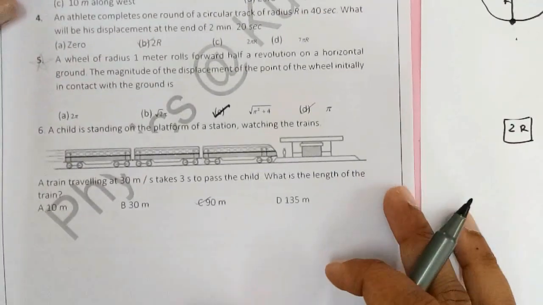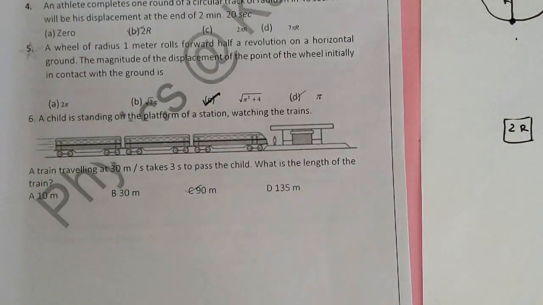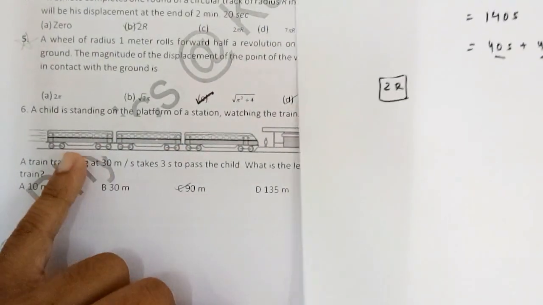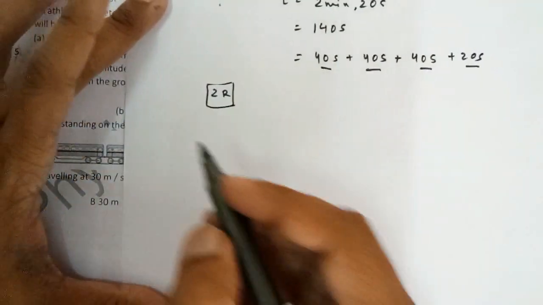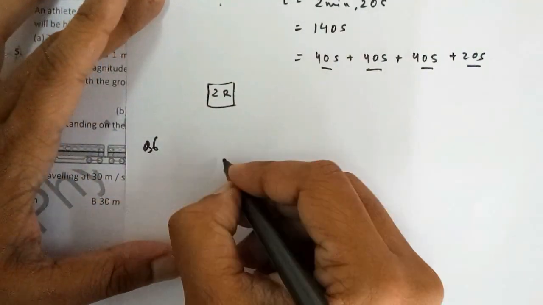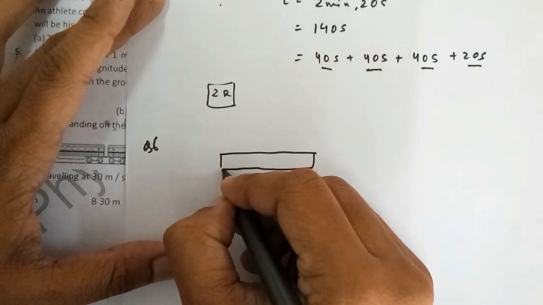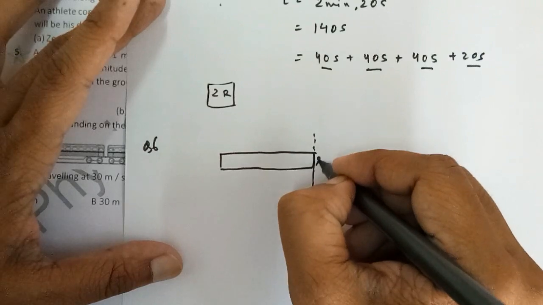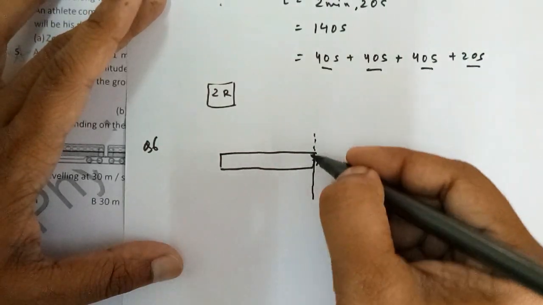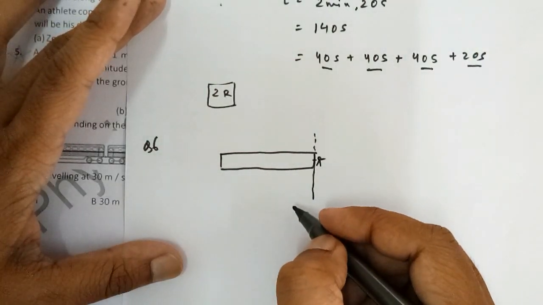And question number 6. In question number 6, a train is passing from an observer, and this is the long train, and here is the person standing, right? He is on the platform, the train is on the track, right?